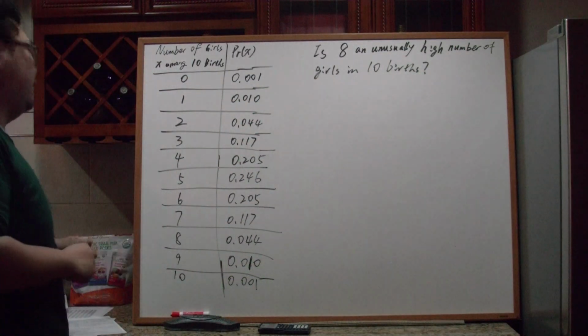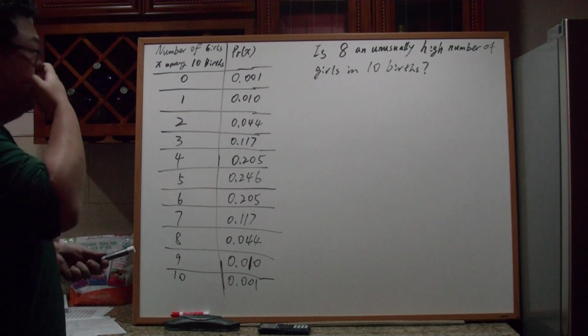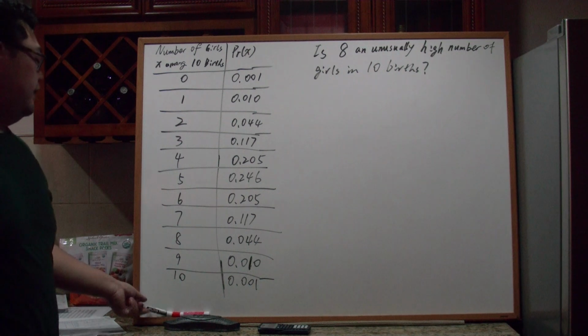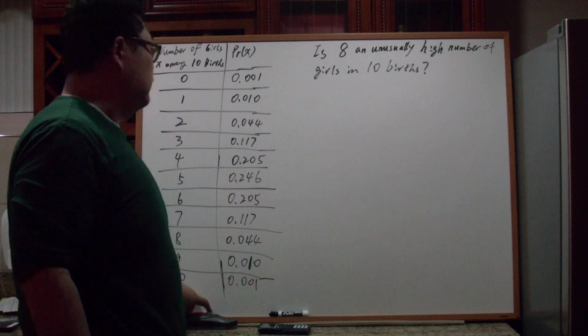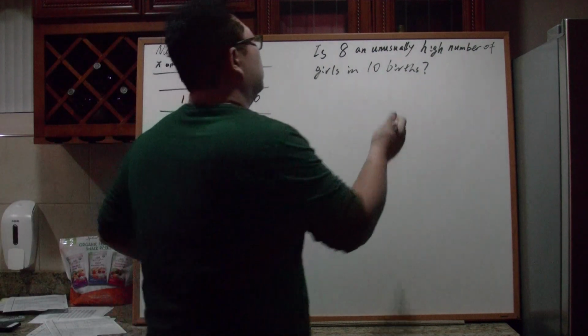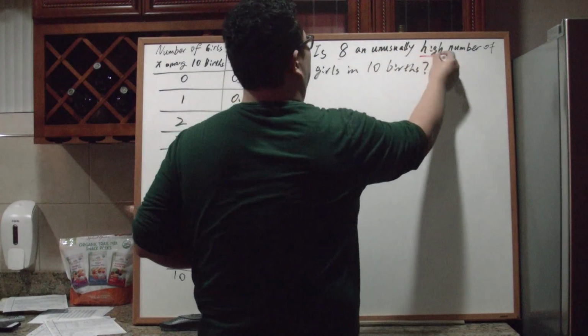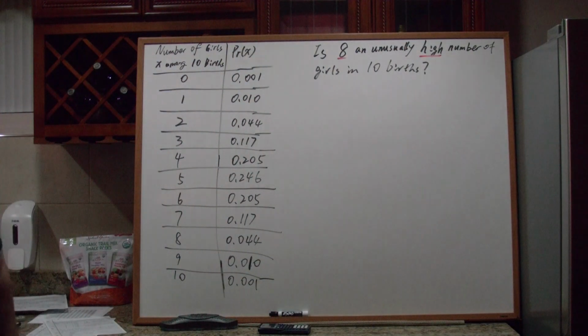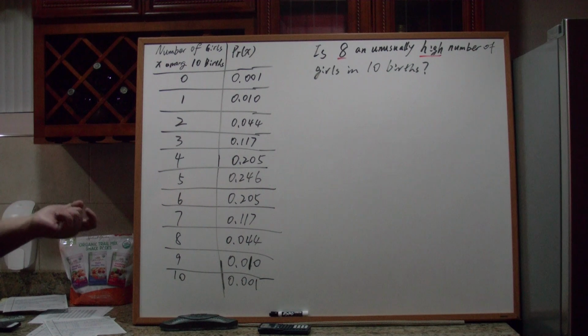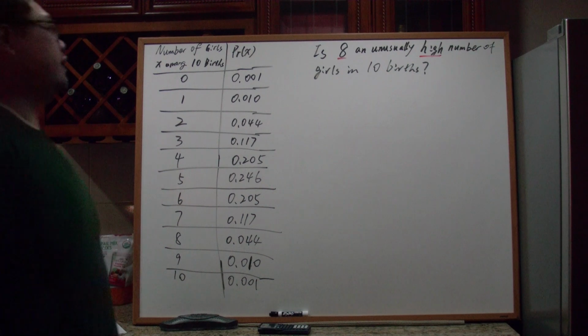The question asks whether 8 is an unusually high number of girls in 10 births. Well, it sounds very high, right? But let's see. We're looking for 8 or higher, because as I have seen before, if asking for extremely high, we go to that number and higher.